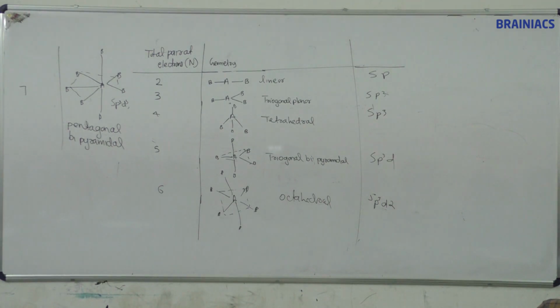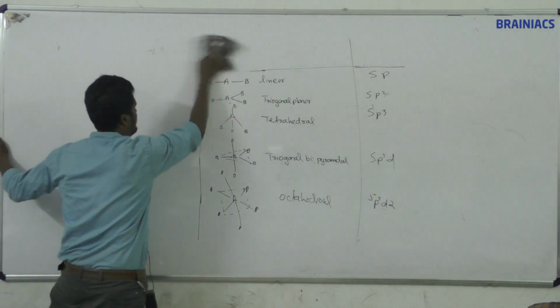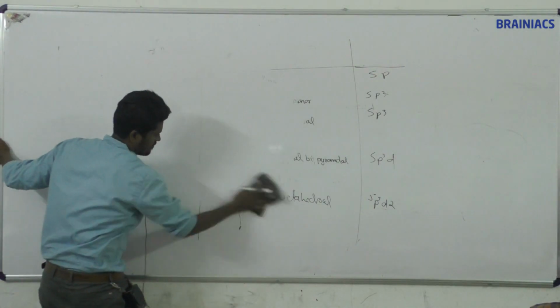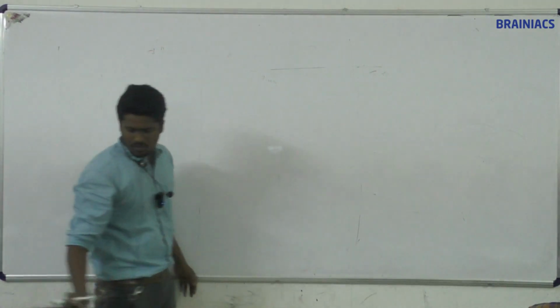Linear, trigonal planar, tetrahedral, trigonal bipyramidal, octahedral, pentagonal bipyramidal. Okay.